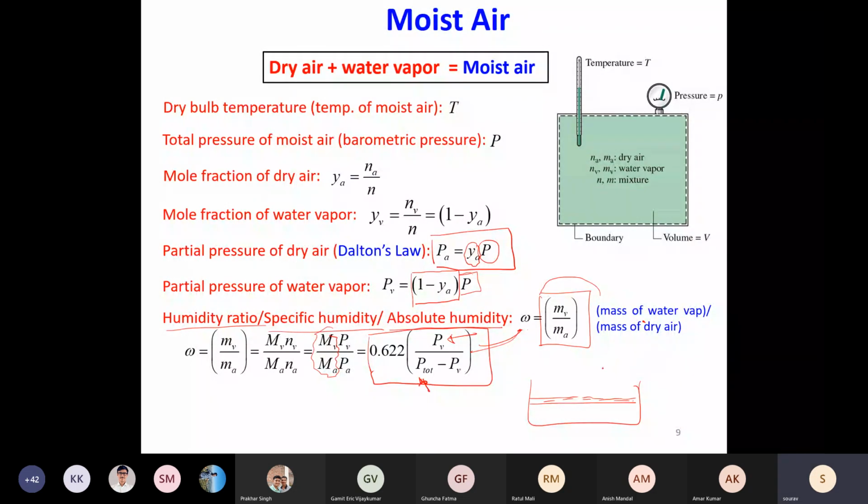Okay, so omega over here and omega far away is what drives the mass transport. If omega just above the liquid column is higher than the omega far away from this vessel, then you will have water vapor transported from this to the air in this manner.